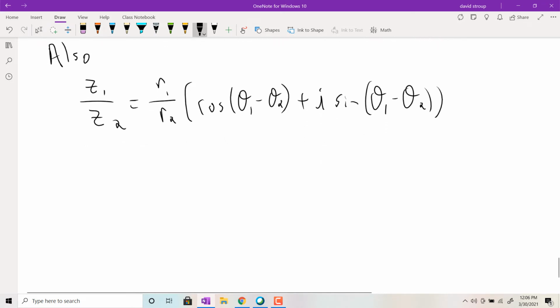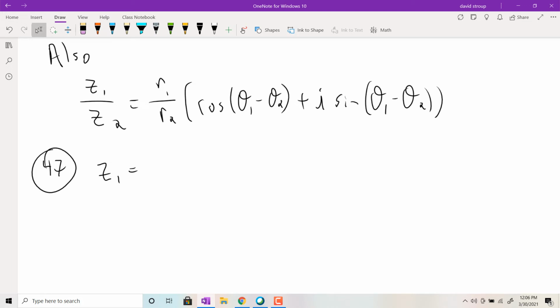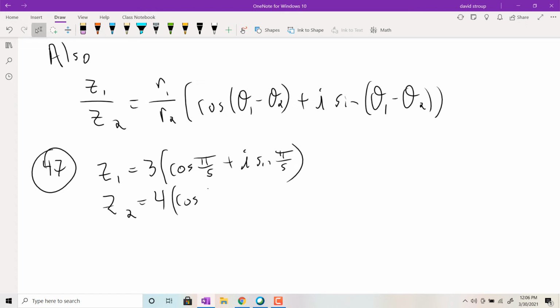Anyways, let's look at multiplying and dividing in number 47. We have Z1 is 3 times cosine of pi over 5 plus i sine of pi over 5. And then Z2 is going to be 4 times cosine of pi over 10 plus i sine of pi over 10.